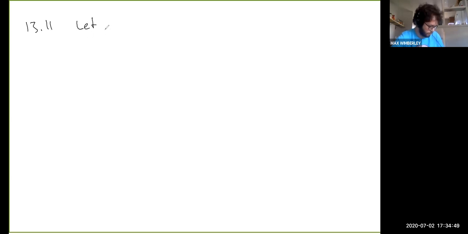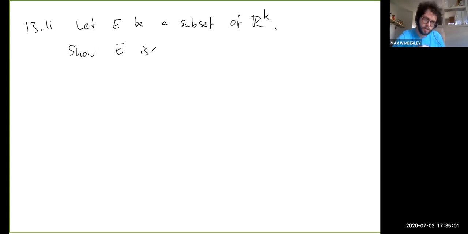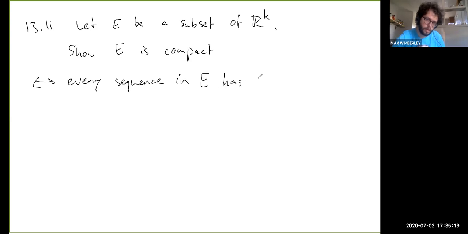Let E be a subset of R^k. Show E is compact if and only if every sequence in E has a limit in E. Oops.